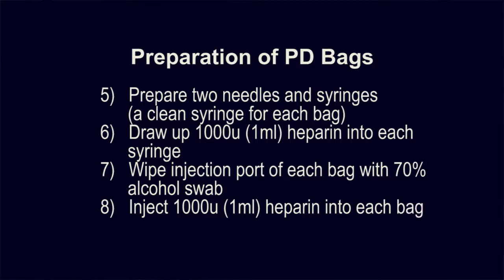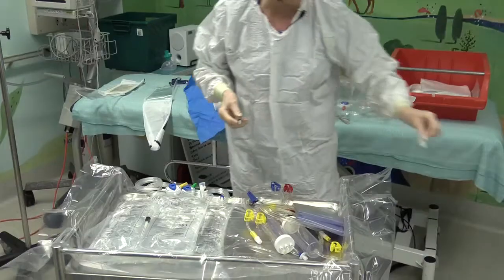And using a clean syringe and needle for each bag, just in case you contaminate the needle. Very important to prevent infection. So I'm going to add 1 ml to the 2 litre 2.3 bag.